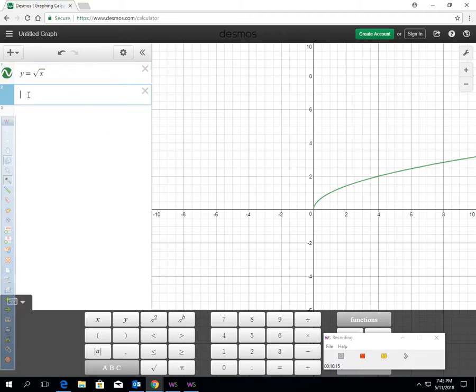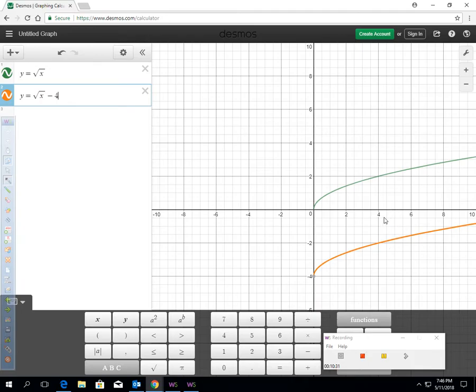And now for the second function, remember it was y equals square root x minus 4. Let's type that in. Y equals square root x and then minus 4. And you see how this is 4 units lower. So this is kind of a cool site. You can actually see what's going on.